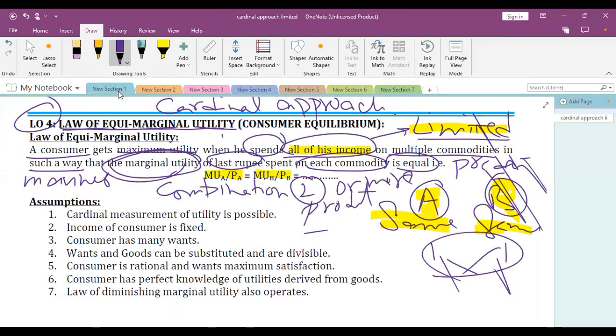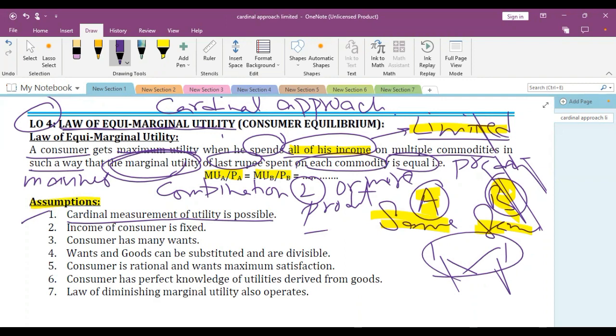In order to study any law, there are always some assumptions under which the law is practically possible. First one is that ordinal measurement of utility is possible. Means that utility can be measured in the form of numeric values.